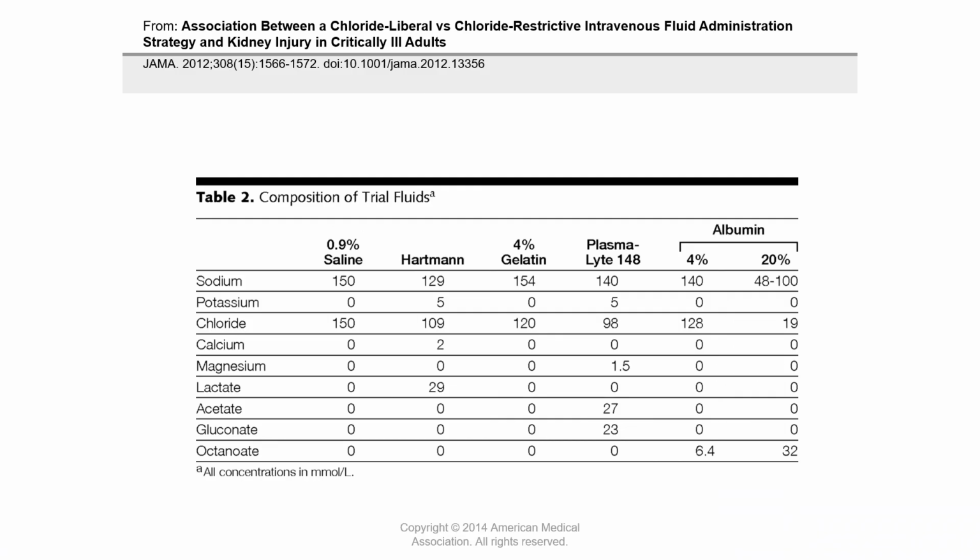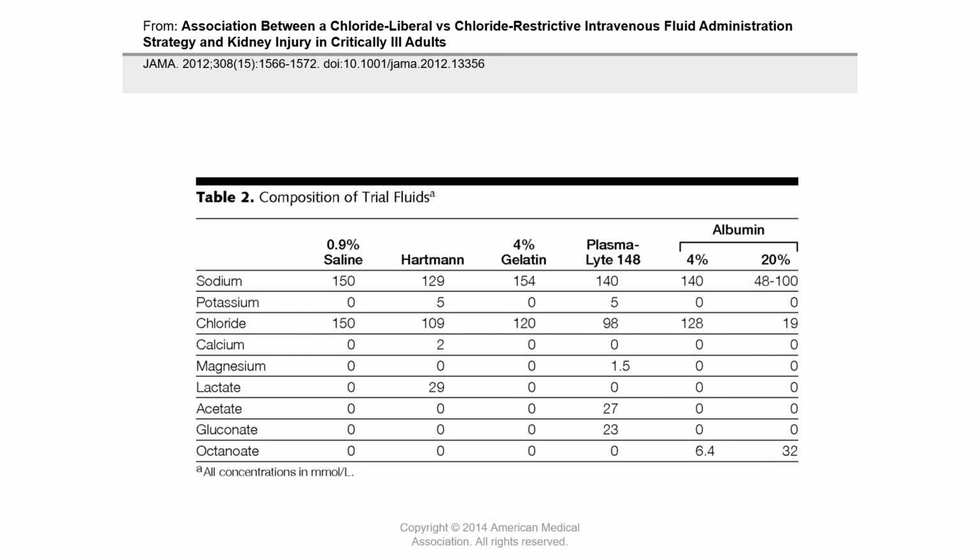There's a preference now to give a more physiologic type of fluid for resuscitation in the ICU, such as lactated Ringer's or Plasma-Lyte, a fluid containing sodium, 140 milliequivalents, potassium, 5 milliequivalents, magnesium, 3 milliequivalents, chloride, 98 milliequivalents, acetate, 27 milliequivalents, and gluconate, 23 milliequivalents.